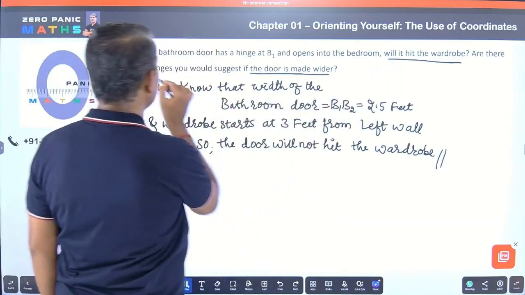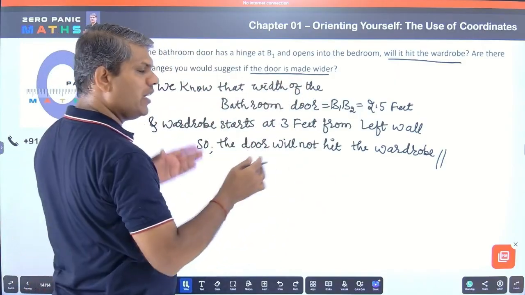Second part is, are there any changes you would suggest if the door is made a little bit wider?